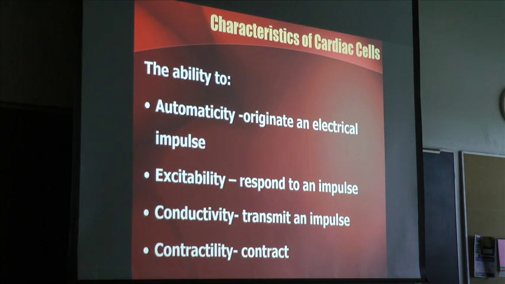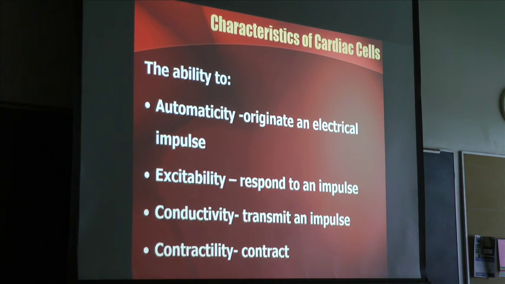Characteristics of cardiac cells. Just some definitions. Automaticity, it says the cardiac cells can originate an electrical impulse. This is just getting you ready for EKG class that you'll have in the spring.